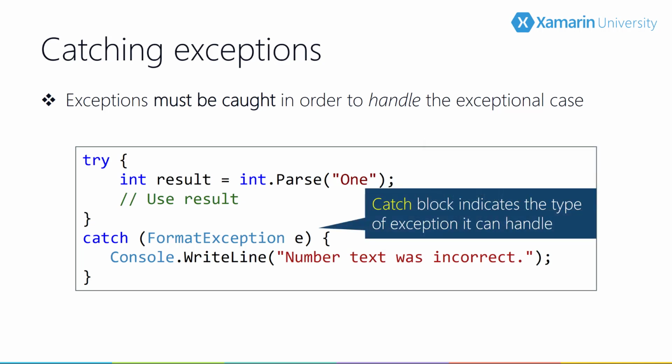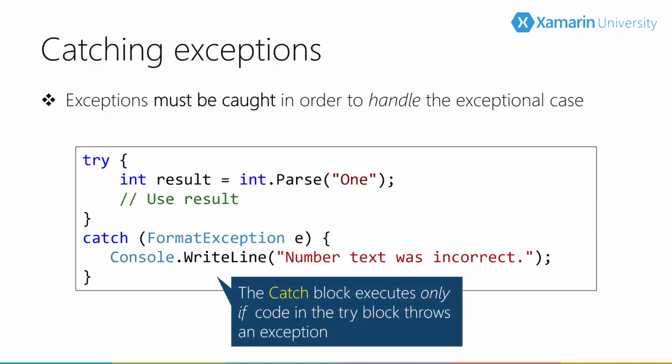And then we use the catch keyword to handle a specific exception type. And again, with an associated code block which will be executed when an exception is detected. So in this case, we're trying to catch any format exception error which may come from the int.Parse method. Now, any exception that occurs inside the try block causes the code in the catch block to be executed.